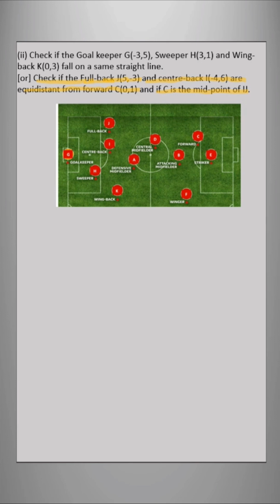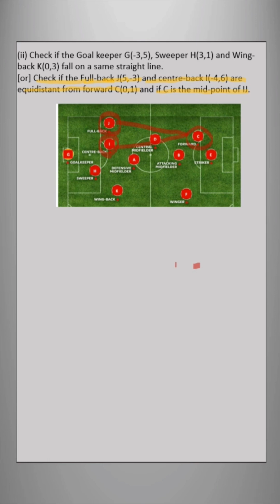Full back J, this is the point J. This is the center back I. These are the points which are equidistant from the forward point (0, 1). Means we have to check if CJ is equal to CI. And also we have to check if C is the midpoint of IJ. If it is the midpoint of IJ, means if we join these two, it should fall on it.